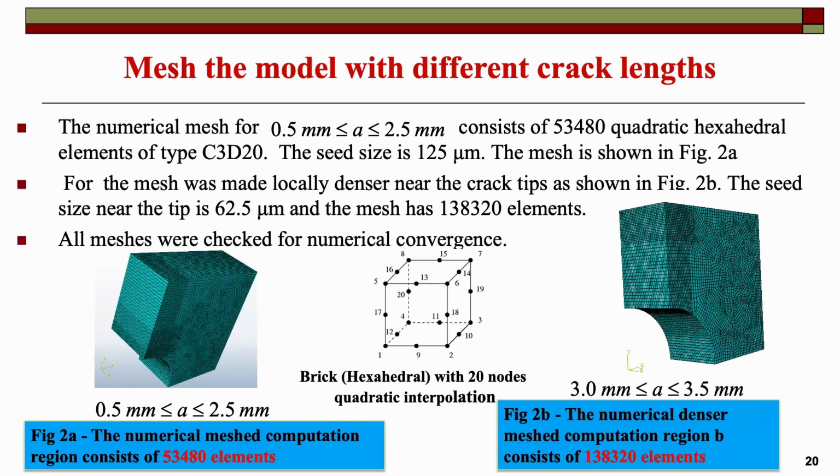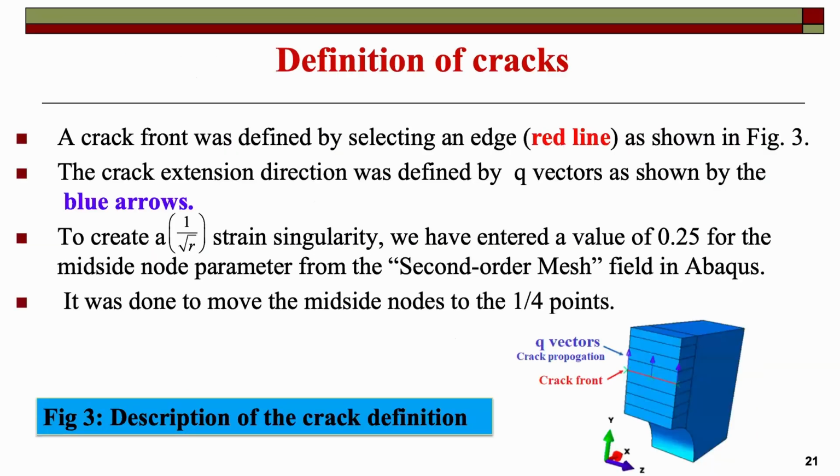The seed size was 125 micrometers. And this is for the short cracks, and this is for the longer cracks. The mesh was made locally denser near the crack tips, as shown in Fig 2b. And all meshes were checked for numerical convergence.